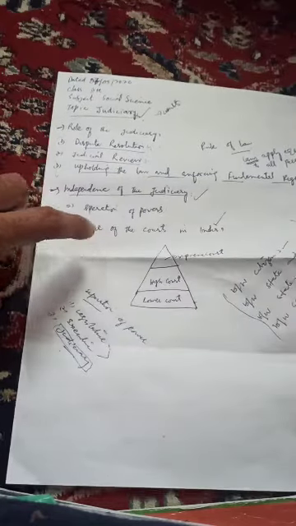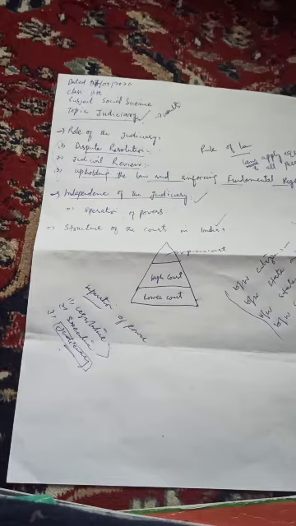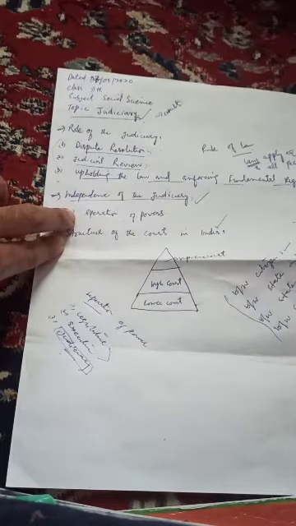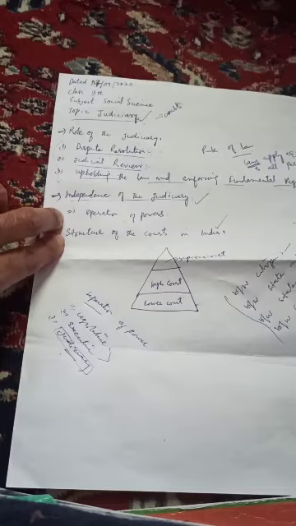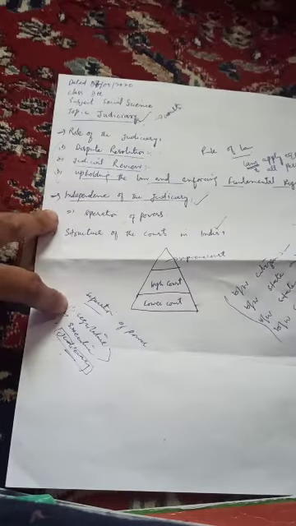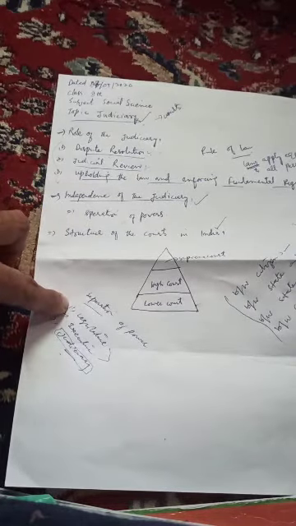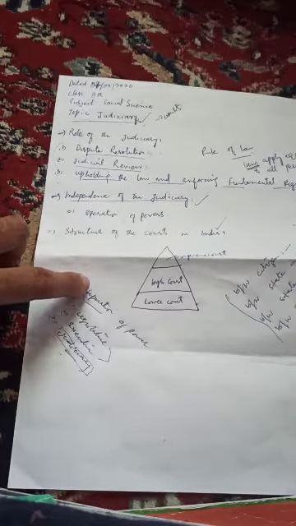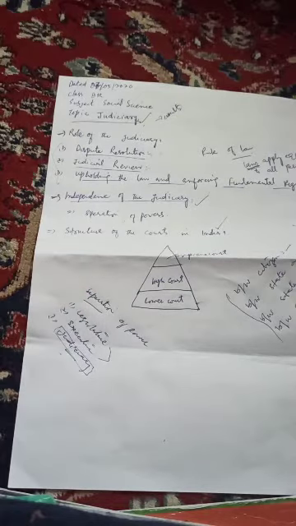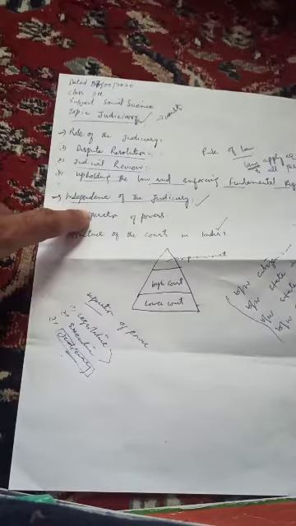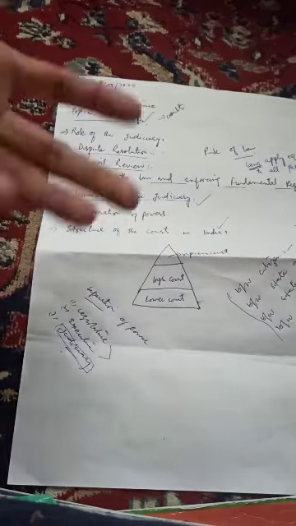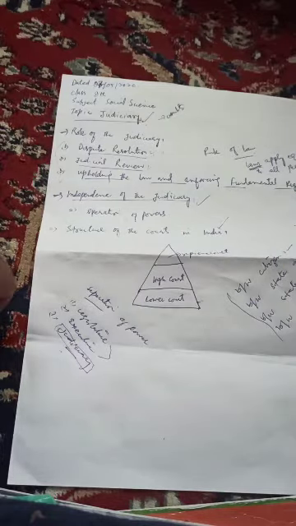So in order to protect us from the misuse of power by the politicians and other influential people, the Indian Constitution provides for the independence of judiciary. Our judiciary is independent. The legislature and the executive cannot interfere in the work of judiciary. In other words, courts are not under government. It is the independence of this judiciary that protects us from the misuse of power by legislatures, executive and other influential people.